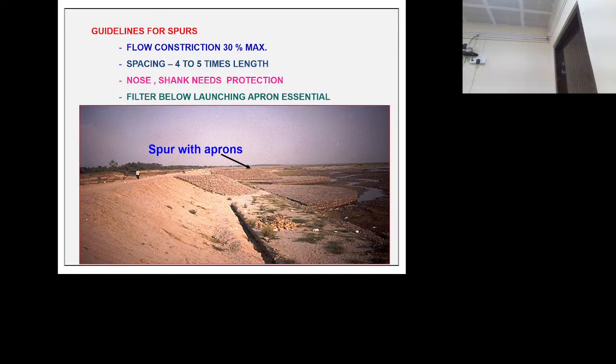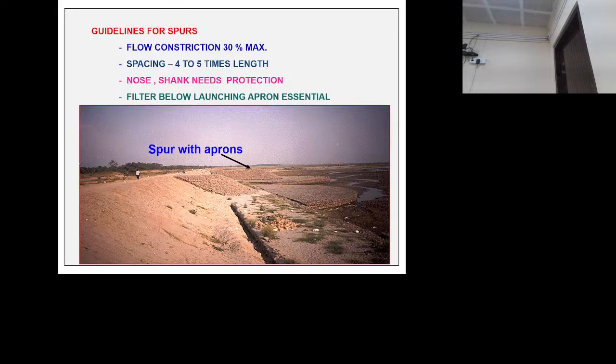In this one, here you see the river bank, and this is the spur. This is called the shank, and this is the launching apron portion.